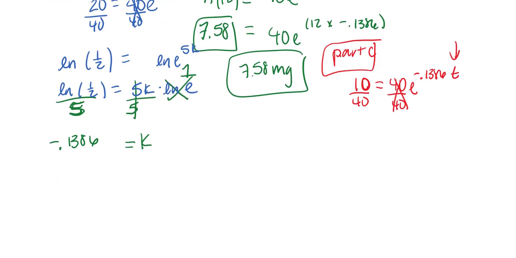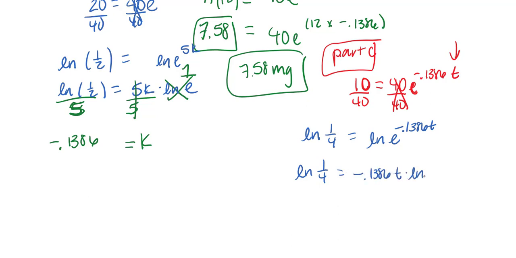Then, in order to get rid of the exponent, we take the natural log on both sides. We take the natural log of 1/4, because 10 divided by 40 is 1/4. We take the natural log of e to the negative 0.1386t, which gives the natural log of 1/4 equal to negative 0.1386t times the natural log of e.